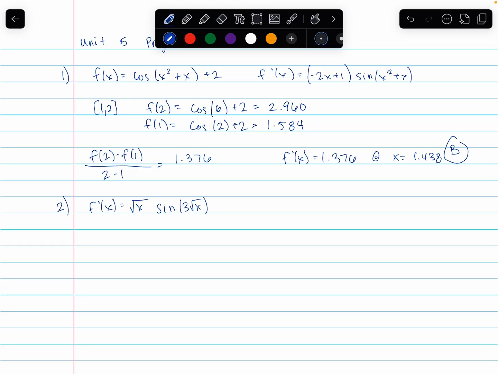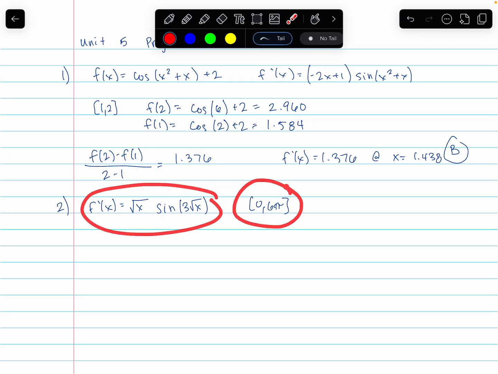On which of the following intervals, from 0 to 6 pi, is f decreasing? So f is decreasing when f prime of x is negative. So we're going to graph this on this interval and see where it's negative.